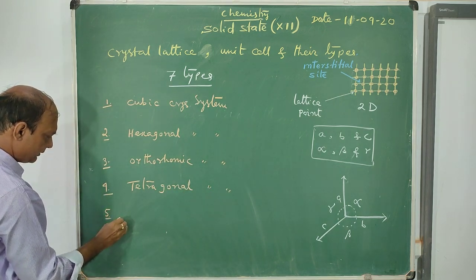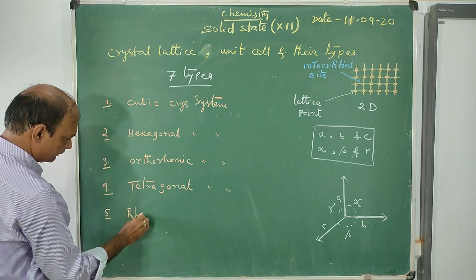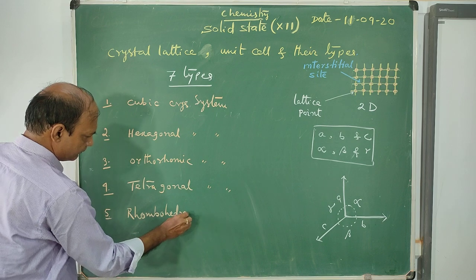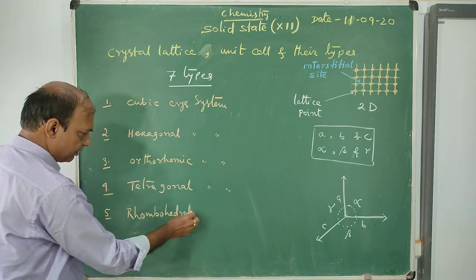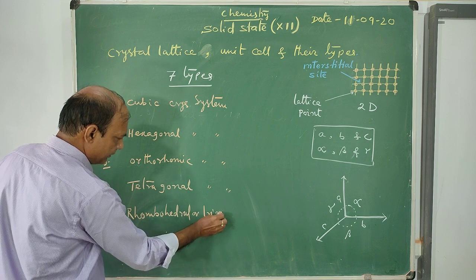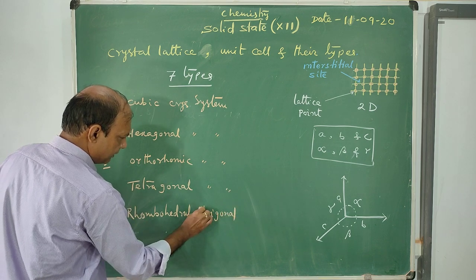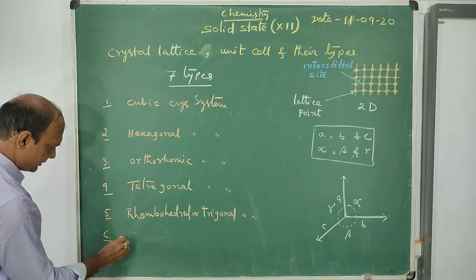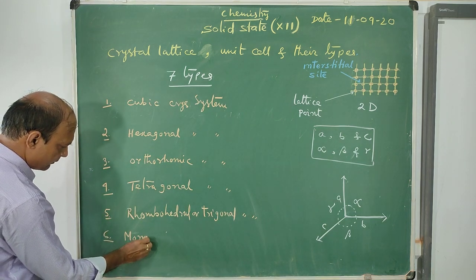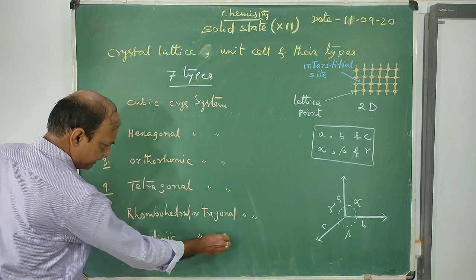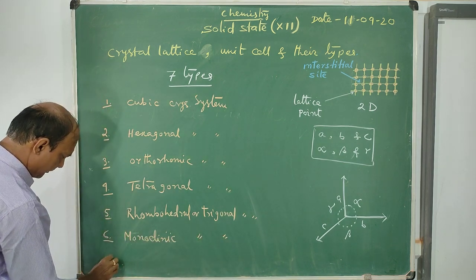Number 5, rhombohedral or trigonal crystal system. Number 6, monoclinic crystal system.